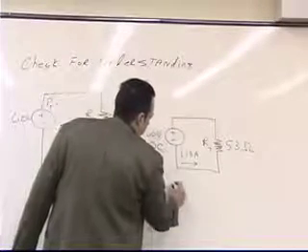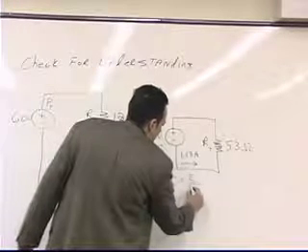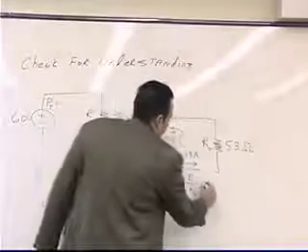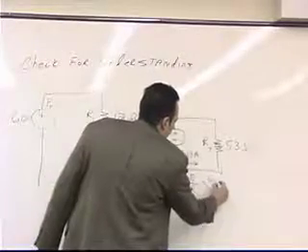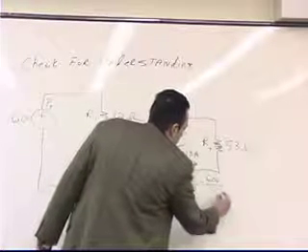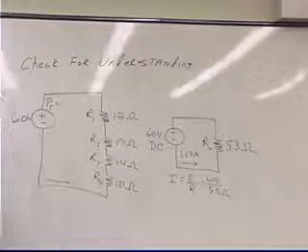And did we get that from the formula current is equal to voltage divided by resistance? I assume that you put in 60 volts for the voltage and 53 ohms for the resistance. And that was where you got the 1.13 amps.